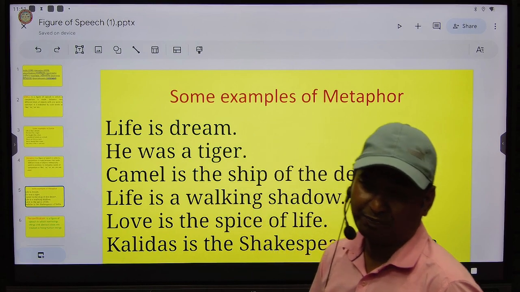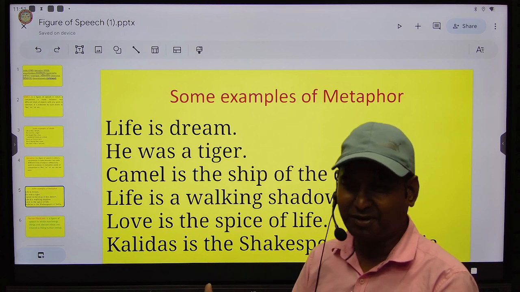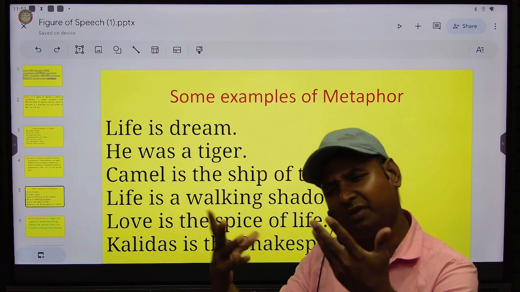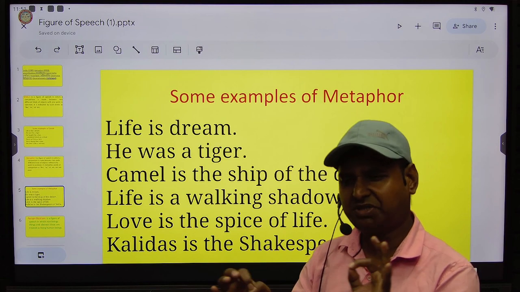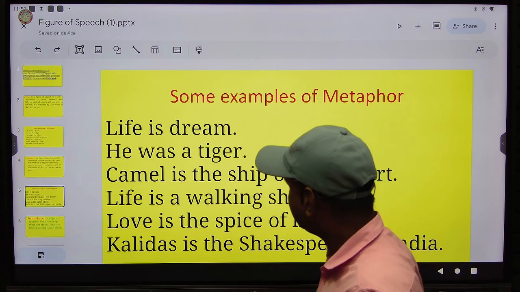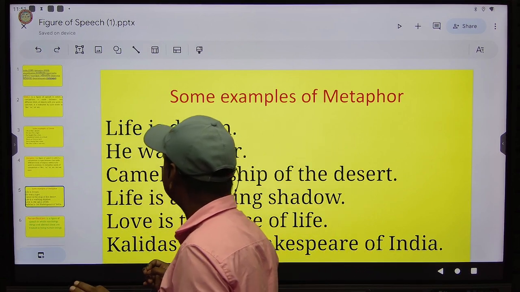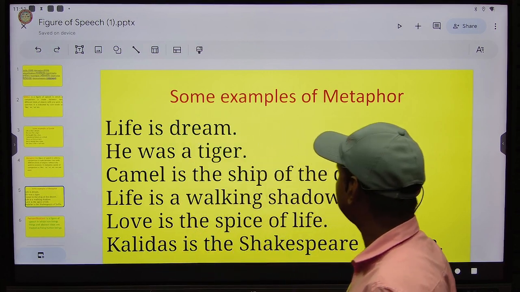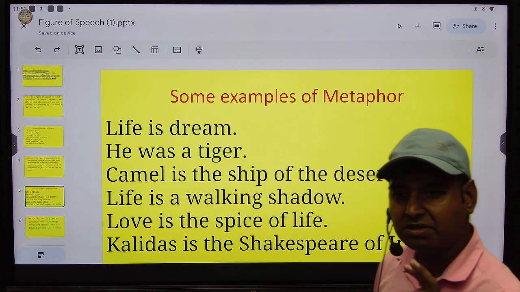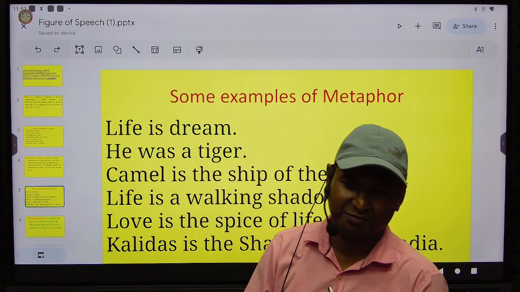Life is dream, direct. It is not like a dream, directly. Life is dream, direct statement. This is metaphor. In Hindi, it is rupak. He was a tiger. He is not like a tiger.